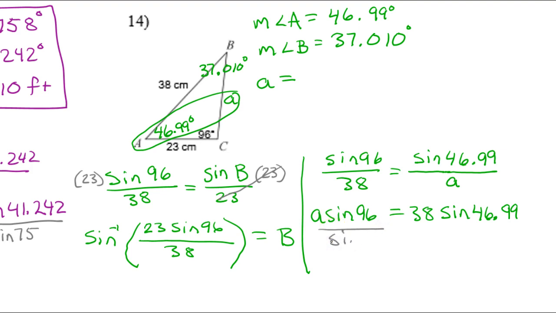So that is what I shall do, my friend. Sine 96, so these cancel each other out. So I'm just going to put all of this in my calculator off camera, and that will give me the length of side A.